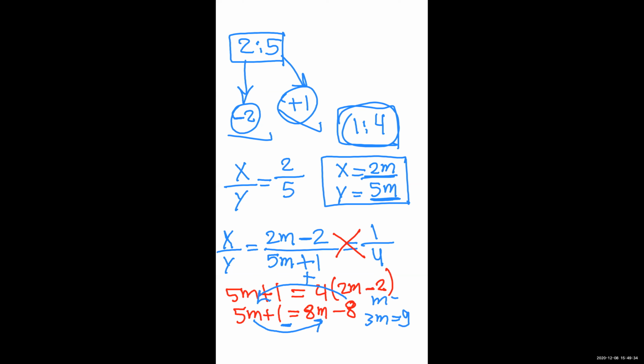Divide the two sides by 3, so m will equal 3. Now get the numbers. The first number, 2m, is 6. The second number, 5m, is 5 times 3, so 15. So the two numbers are 6 and 15. Okay, are we clear?